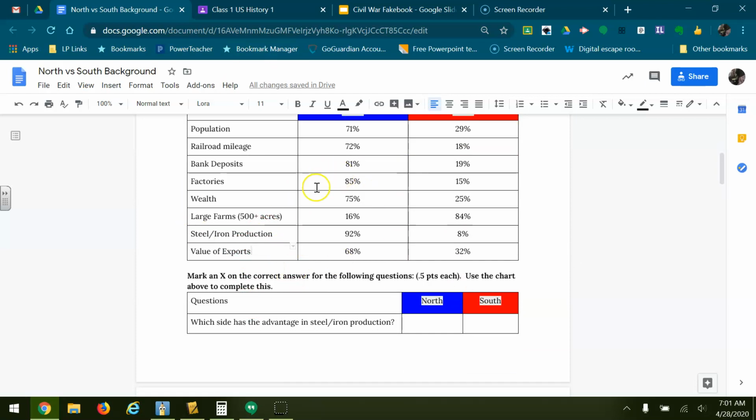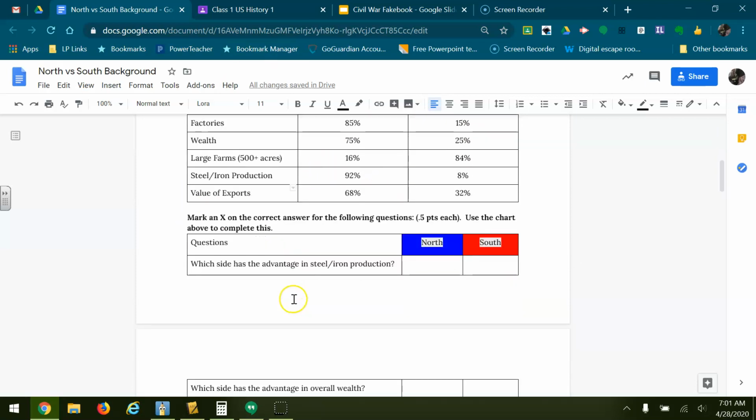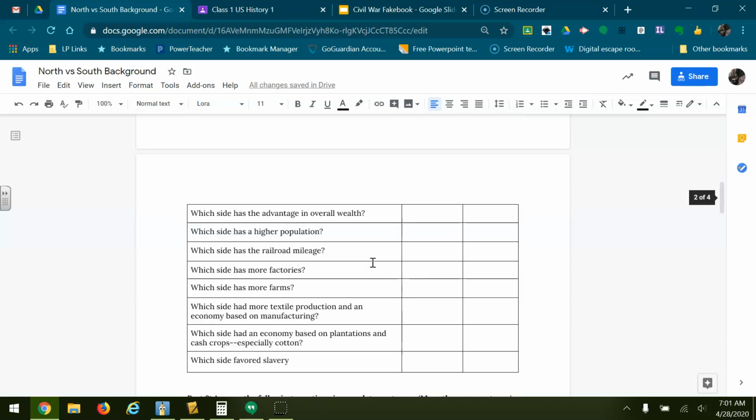Once you read through these, you come down here and you put an X in one of these two columns answering the question. So which side has the advantage in steel and iron production? If it is the South, you put an X here. If it is the North, just type in an X there, okay? And go on through the questions.